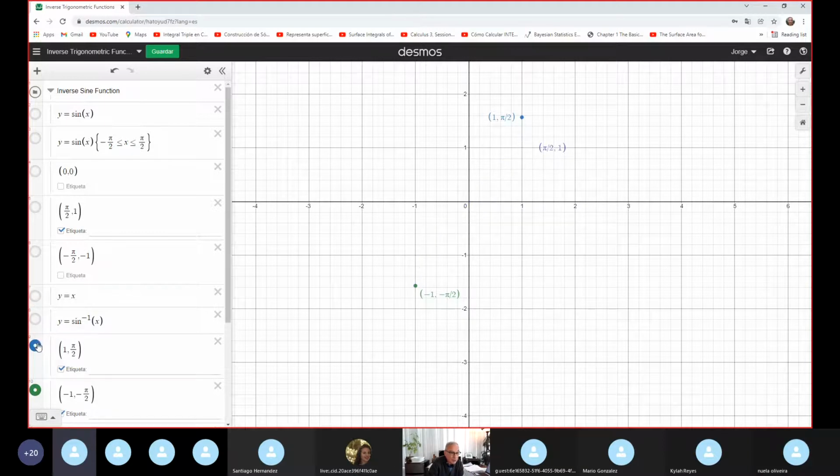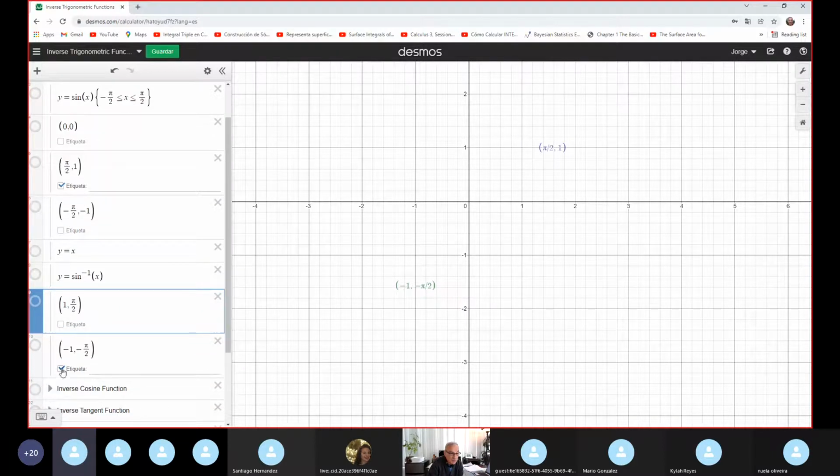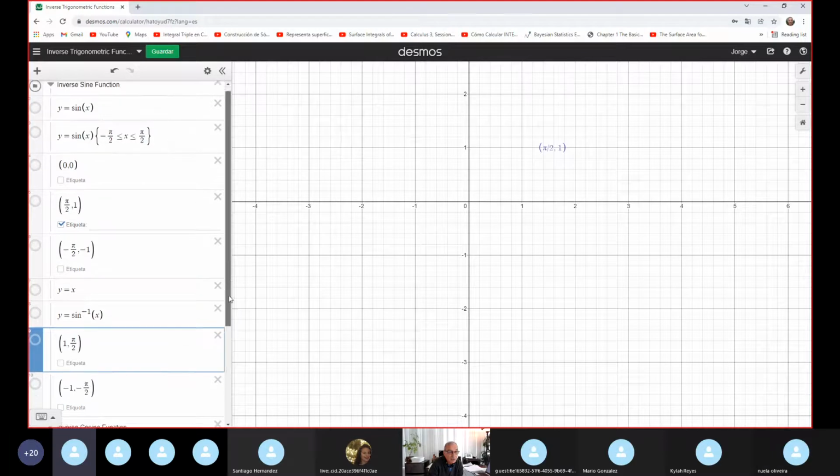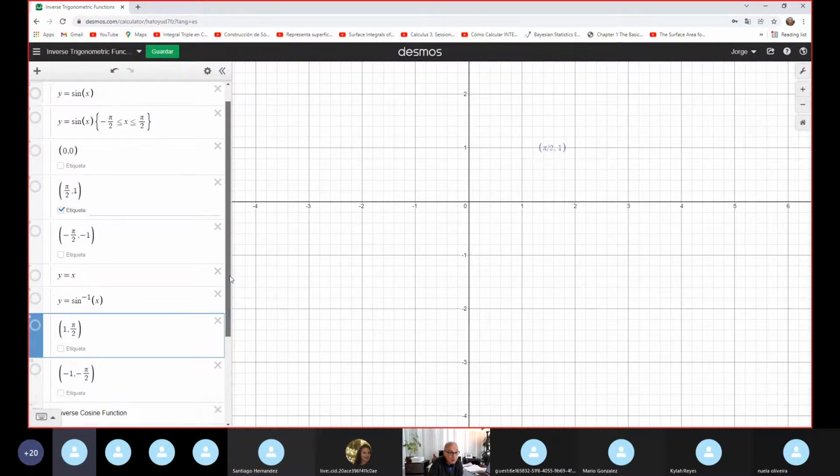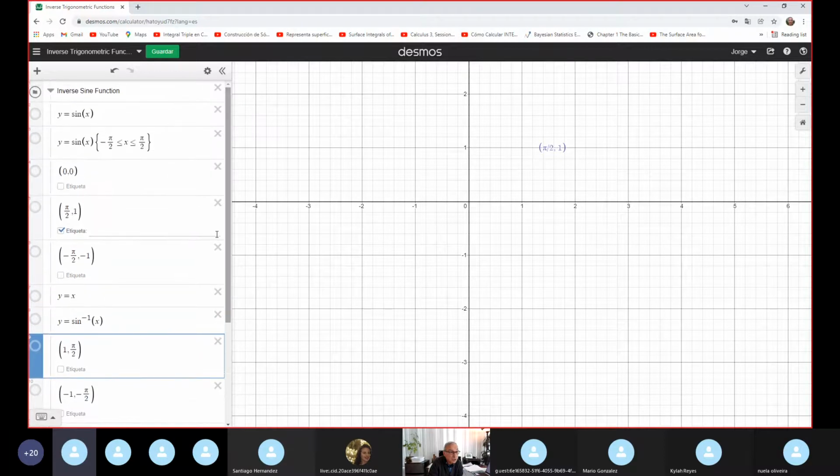Okay, let me repeat the story again. The story is easy. We need to find the inverse function, sine inverse function. But the problem is that the original sine function that we studied in the last chapter is not one-to-one. This idea is clear?